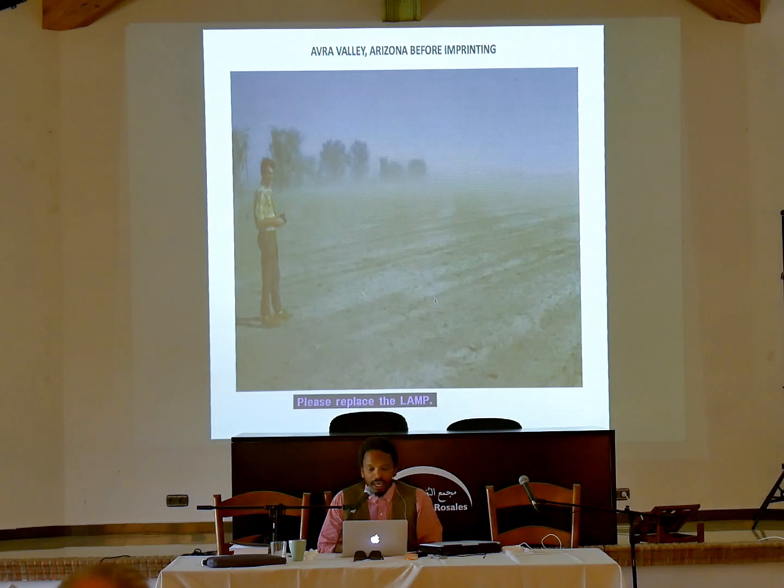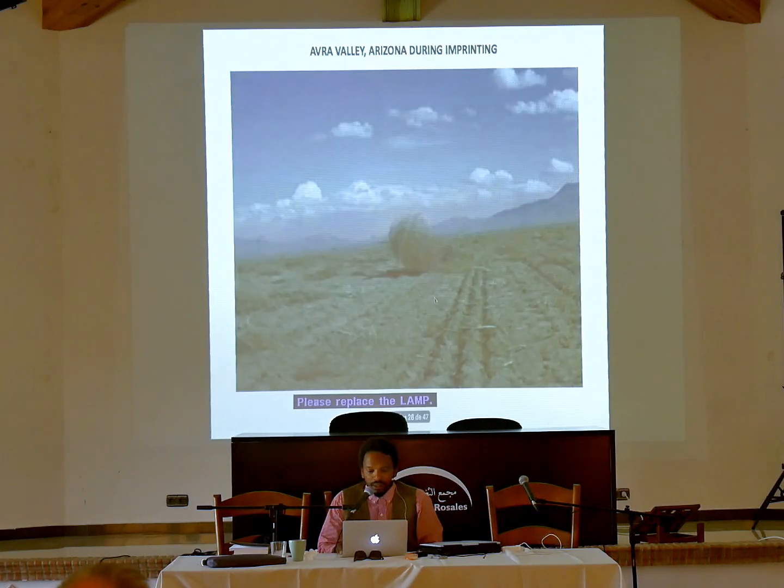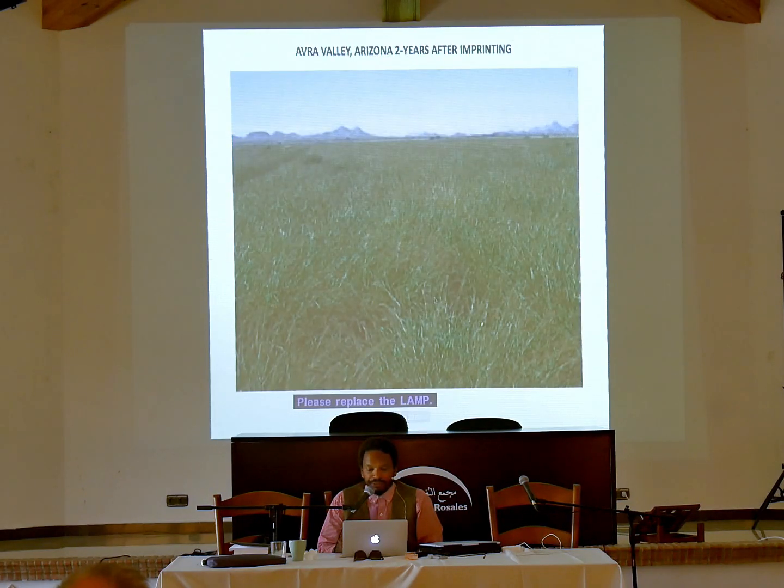Another one. Avra Valley, Arizona, before, during, after. It's 2 years. Do you know whether they seeded in this case? I'm not sure if this had been seeded, but in many cases, you don't necessarily need to seed to get this growth.